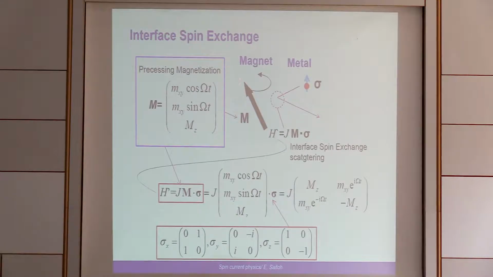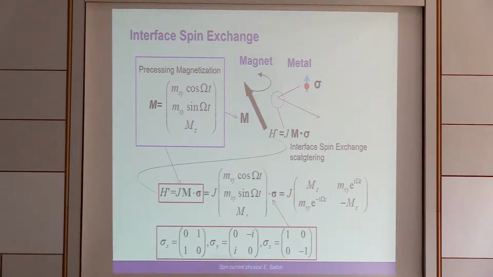Okay, consider a ferromagnet and a conductor, and the coupling between the magnetization and free electrons here can be written in terms of this spin exchange Hamiltonian, m dot sigma. M is the magnetization, which is in a cyclic motion with frequency omega. So it's a rotating magnetization.